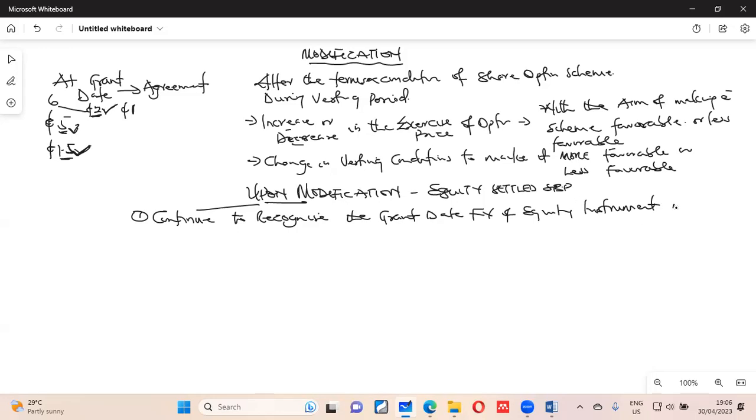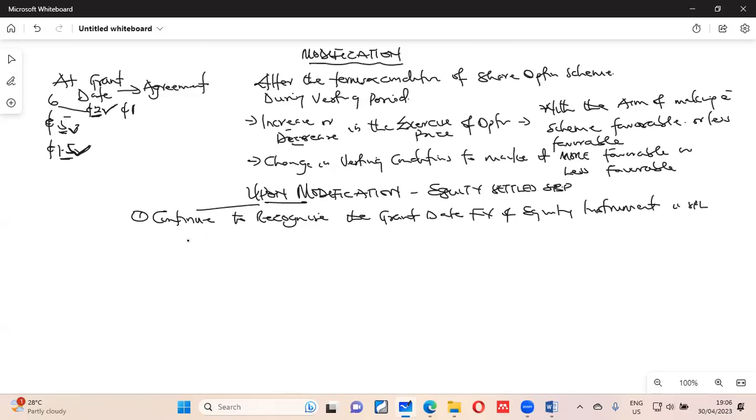All right, in your SPL and your SOFP. Now, unless you stop continuing this, like I said when we were doing the market, the performance condition, unless there is a non-market based condition that is not met. Please take note of that.